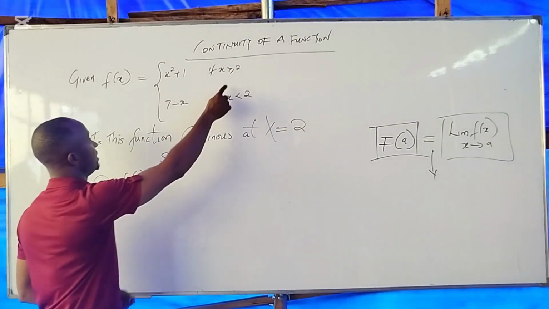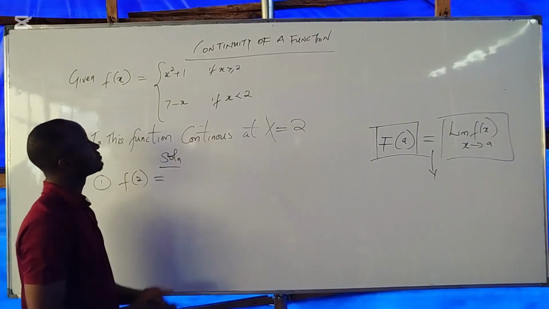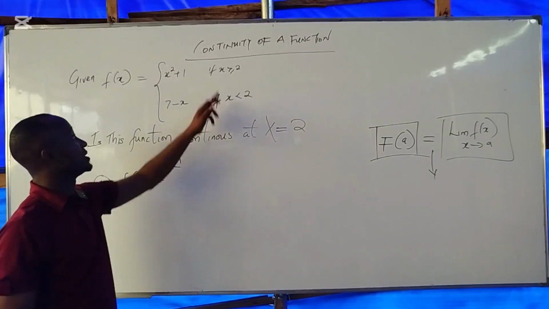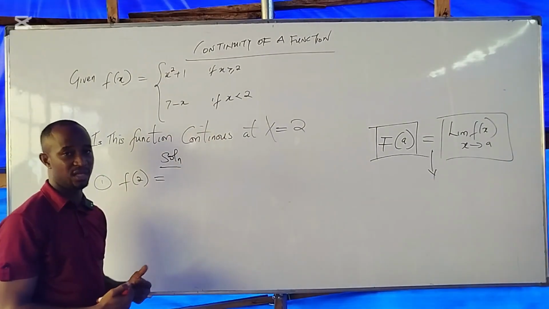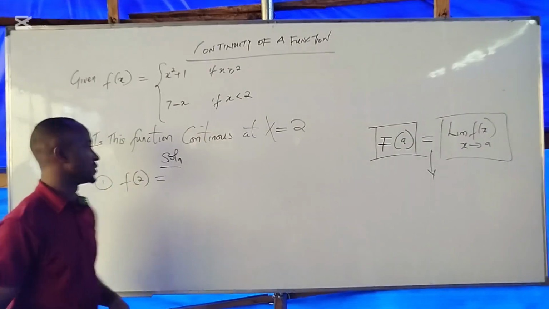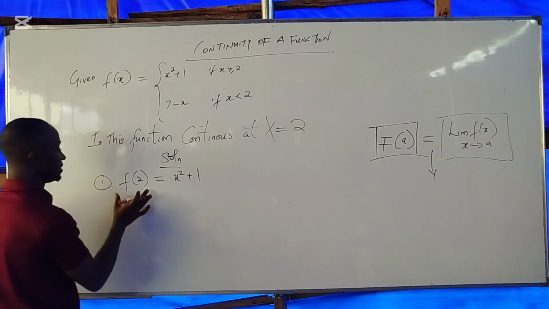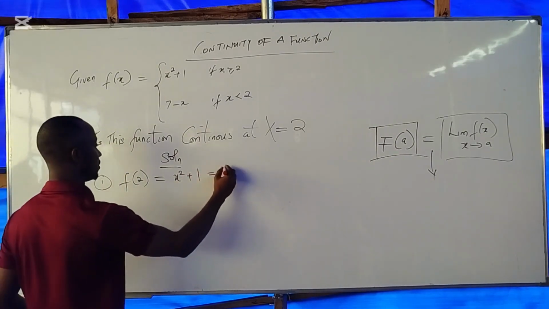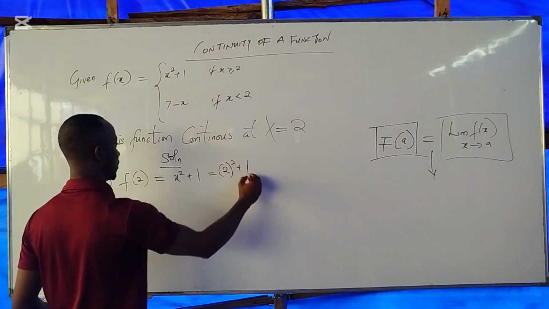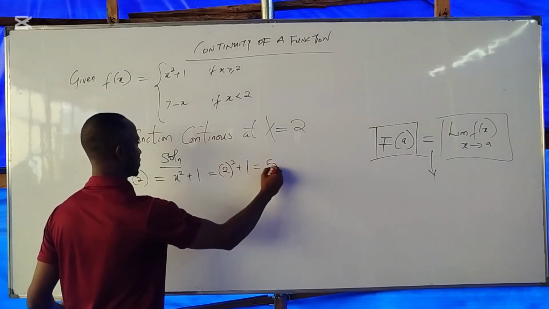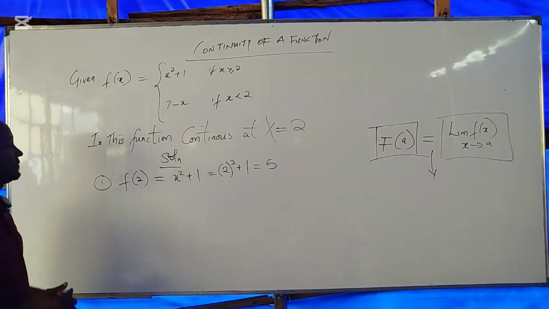Since x is greater than or equal to 2, 2 is included in the values for x. So I'm going to use x squared plus 1 to define f of 2. And that will give us 2 squared plus 1, which equals 5. Now we have defined f of 2.